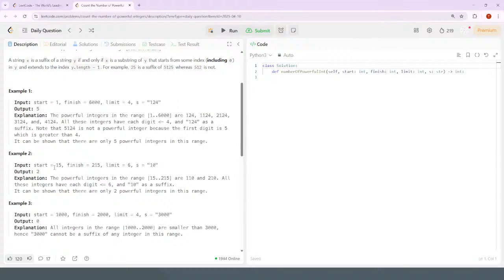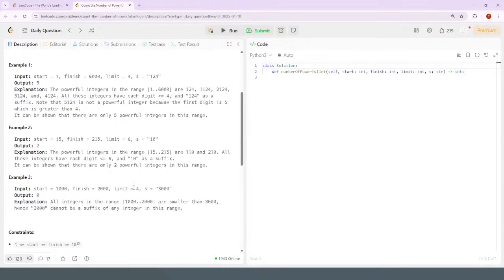Okay. So if it's 15 to 215, limit is 6, and 10 is your suffix, so I'm guessing 110 and 210.